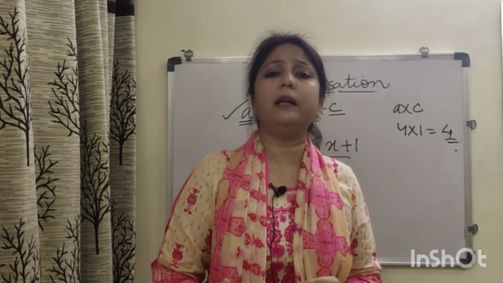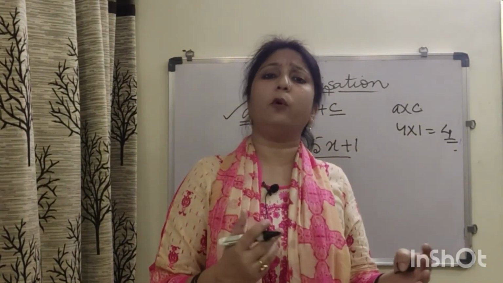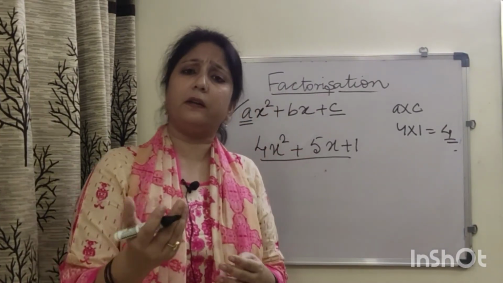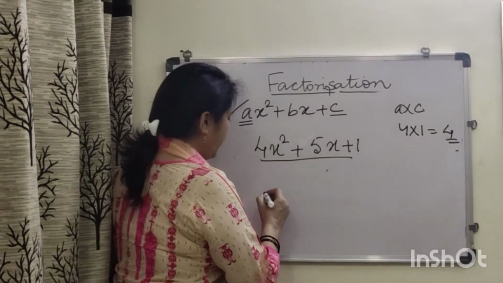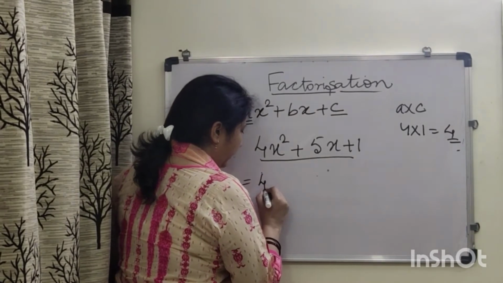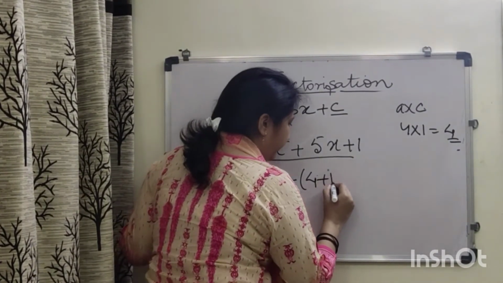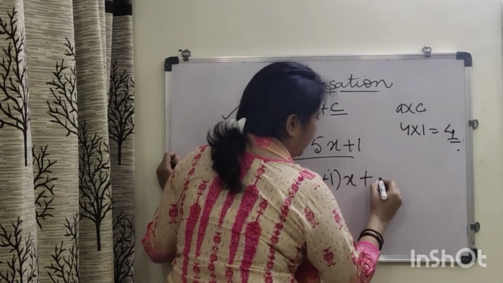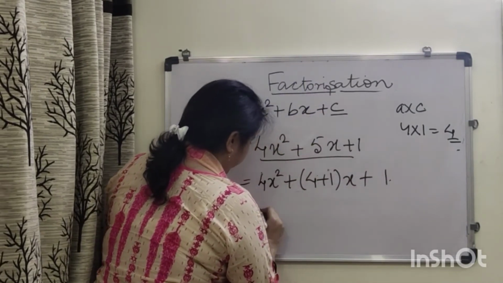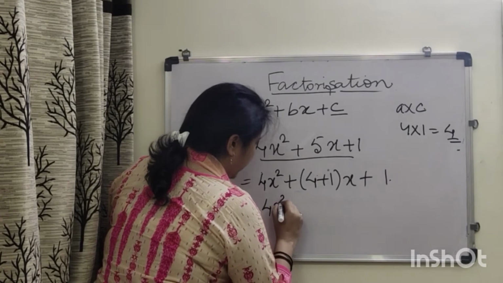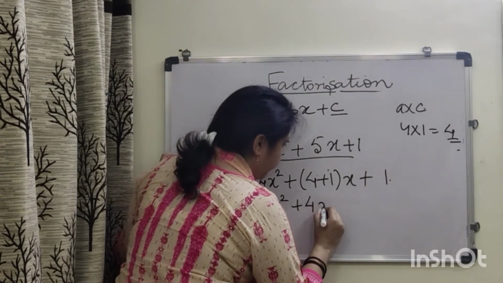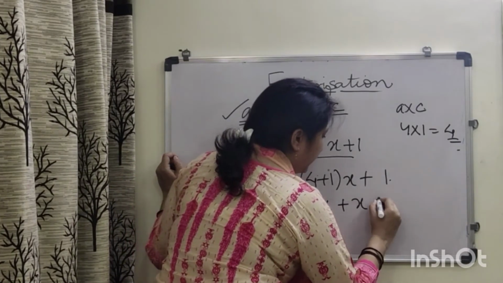So you will definitely say, ma'am, 4 ones are 4 and 4 plus 1 is 5. Right, it is absolutely right. So we write 4x square plus 4 plus 1 x plus 1. It is 4x square plus 4x plus x plus 1.